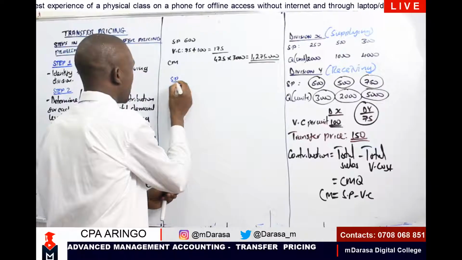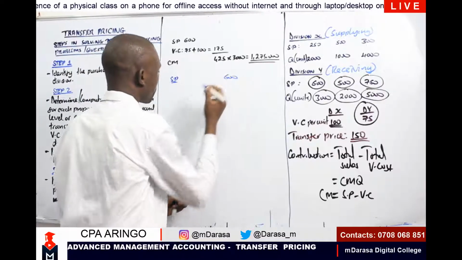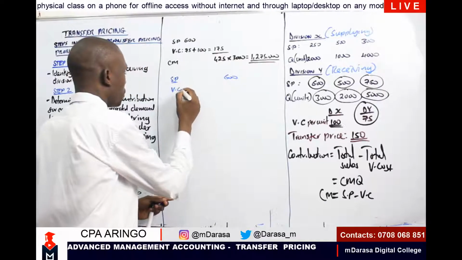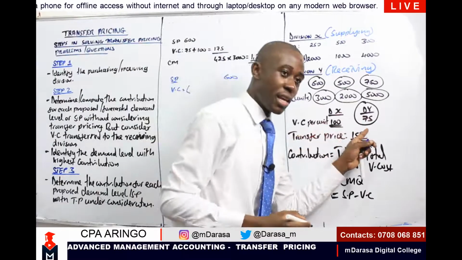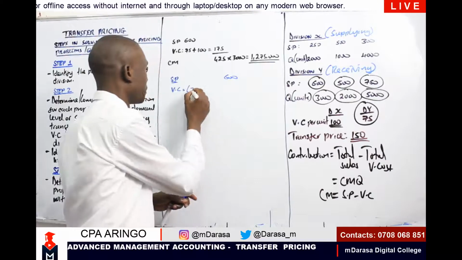My selling price is 600. Our variable cost will be how much? I'll have the variable cost that you are incurring, which is 75.